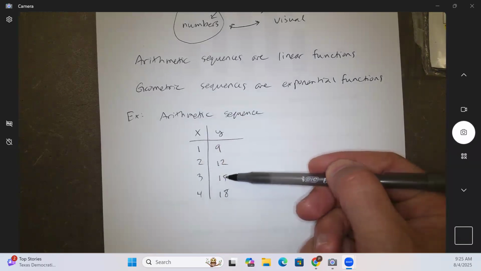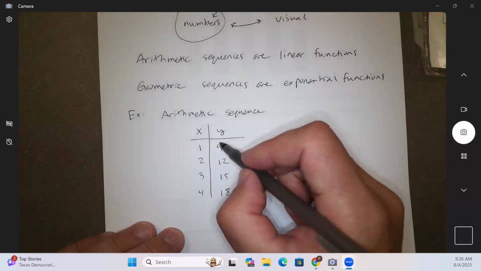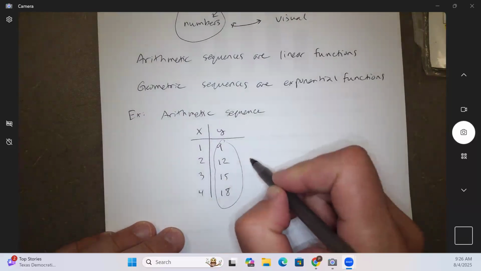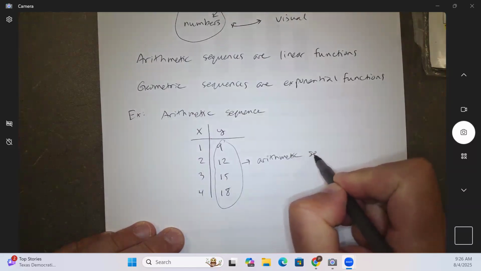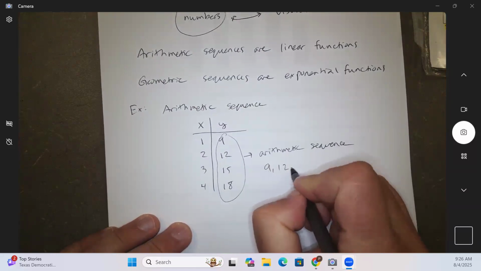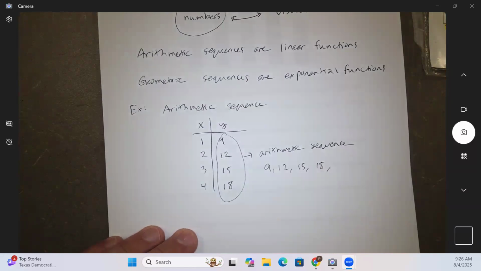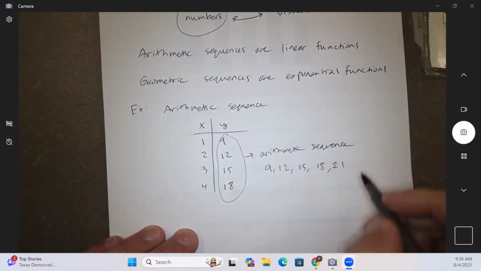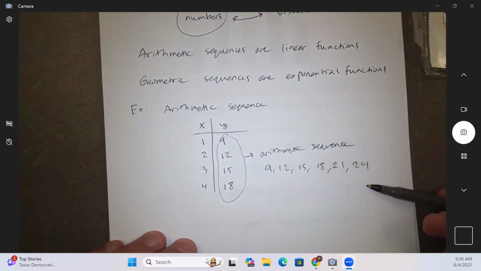Y is 9, 12, 15, and 18. This right here, the Y's, this is the arithmetic sequence. Nine, 12, 15, 18. What comes next? 21, exactly. And then 24. It's a sequence of numbers that increase by addition.